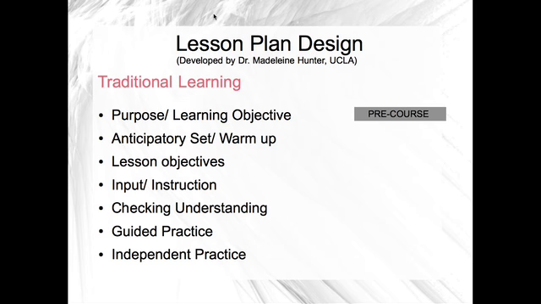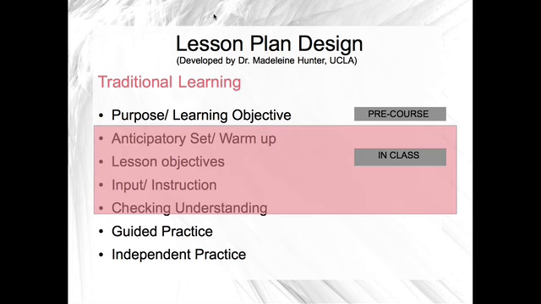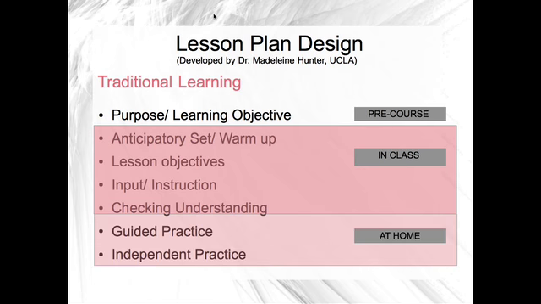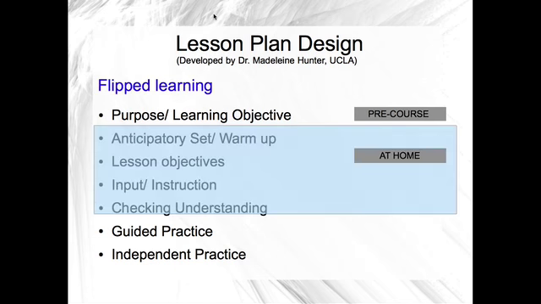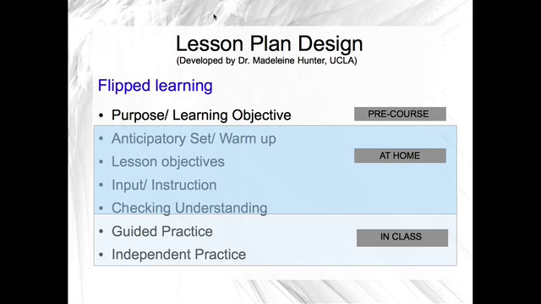For traditional learning, anticipatory set, lesson objective, input or instruction, checking understanding are done in class. Guided practice and independent practice are done at home. For flipped learning, anticipatory set, lesson objectives, input or instruction, checking understanding are done at home, and guided practice, independent practice are done in class.